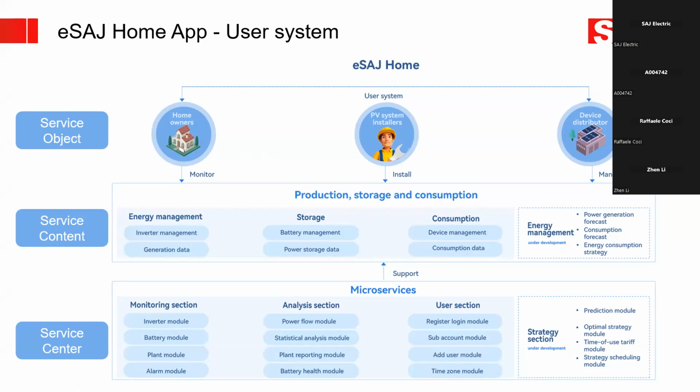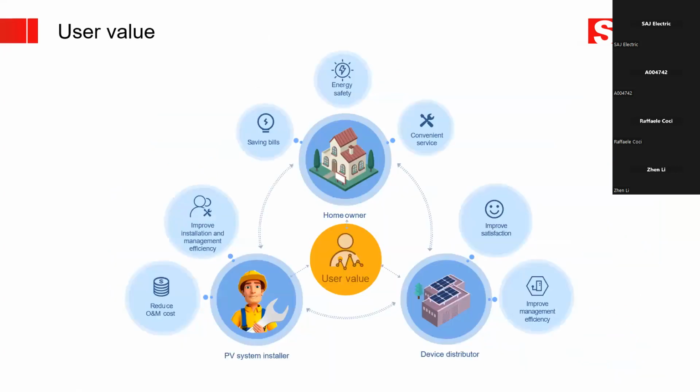And the device distributors have to manage a ton of devices and they want to make the process easier. So these three user groups have distinct user values. By communicating and collaborating with our customers, we concluded these value points and built our products related to them.